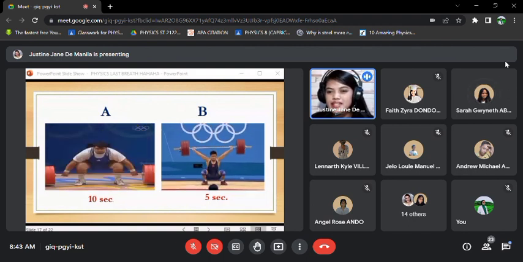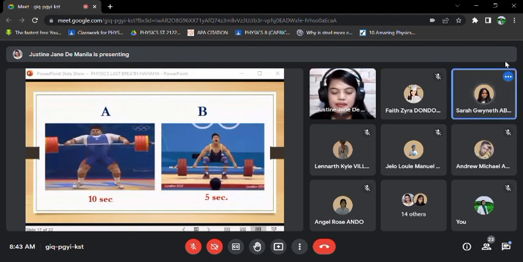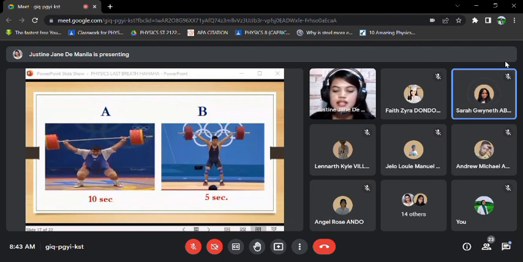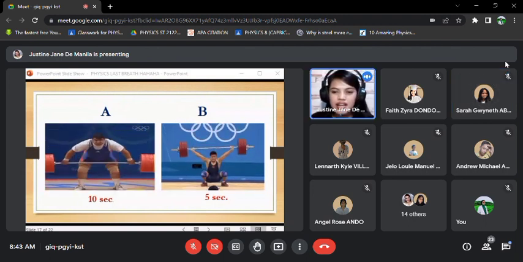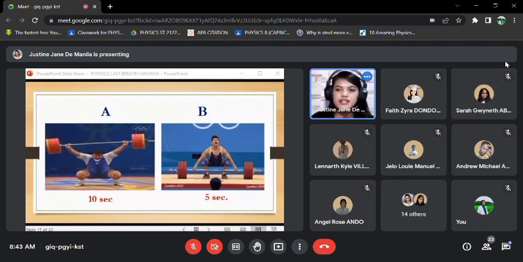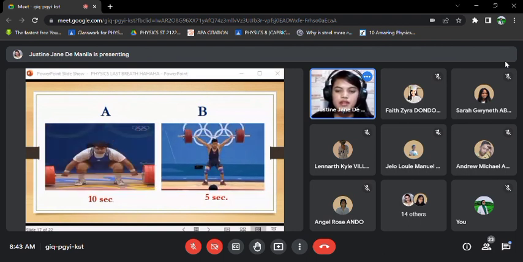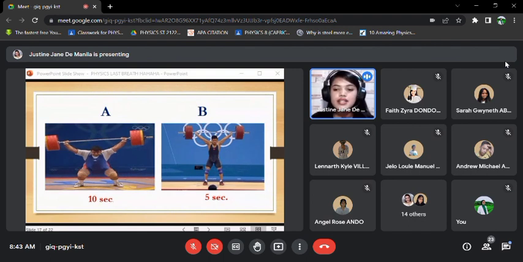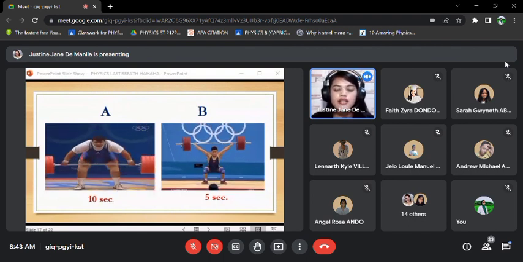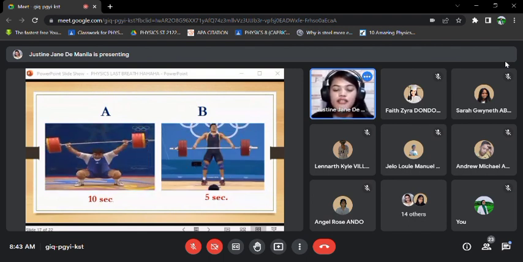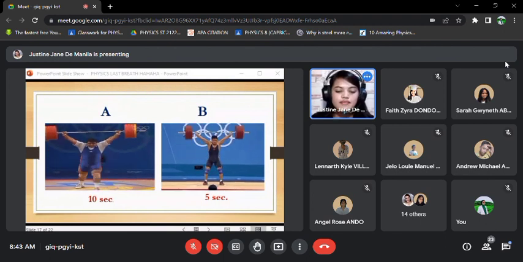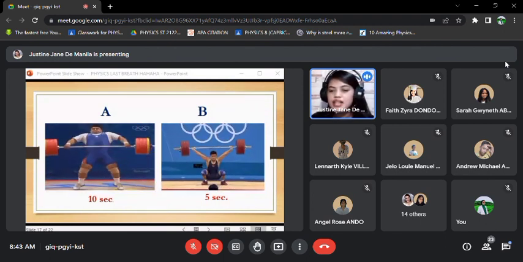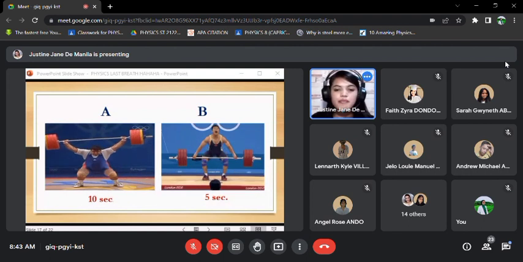Benedict or Jello, he lifted the barbell faster, ma'am. Okay, very good. So, weightlifter B has a greater power because he lifted the barbell in just 5 seconds. Okay? So, did you get the concept of power, class?